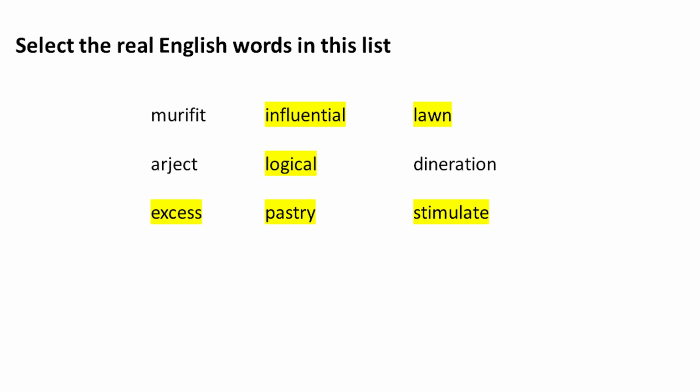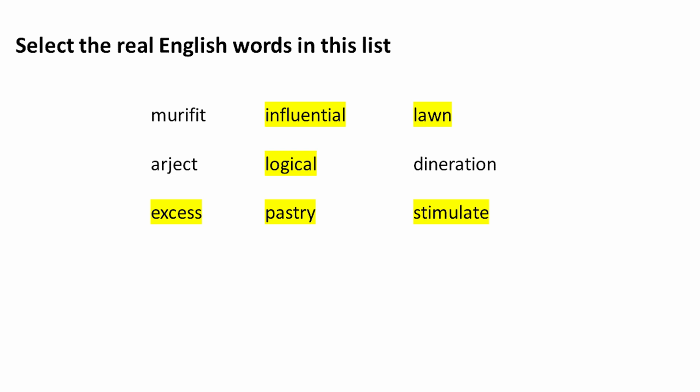So arject would mean into throw, and those are opposites. So that word doesn't make sense. Dineration. Dine is to eat. Ation is a result of an action, so the word doesn't really make sense.